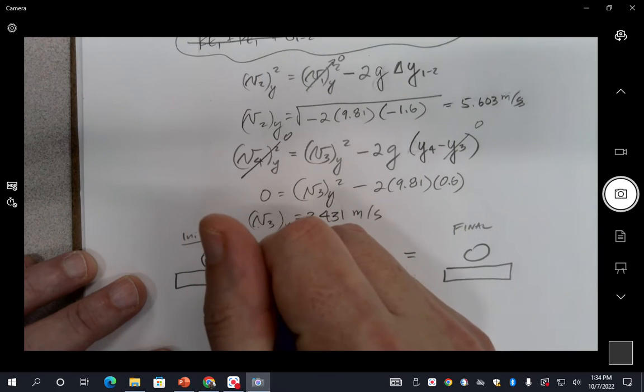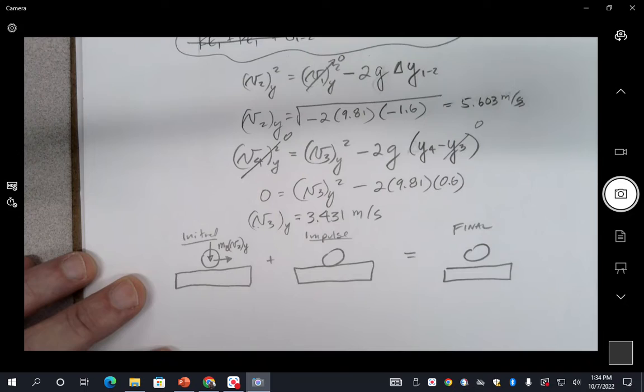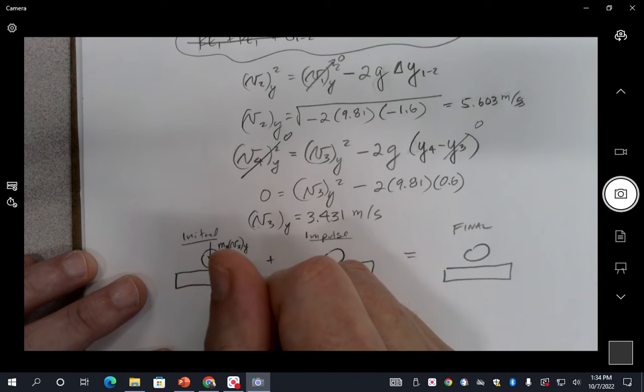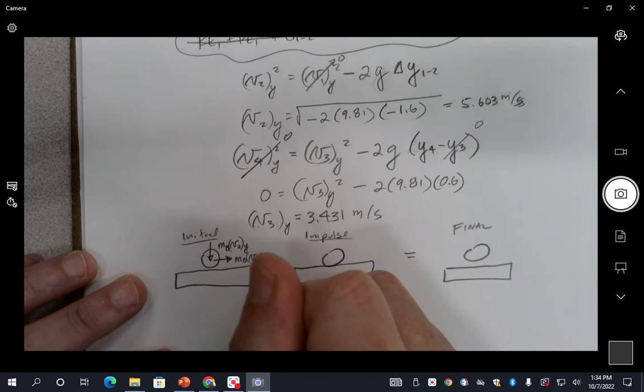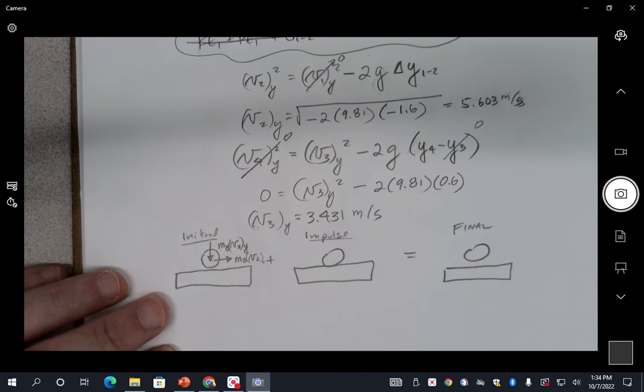I'll go V2Y, and then this is MBV2X. It's not necessary, but it's true, so that's why I'm leaving it in there.